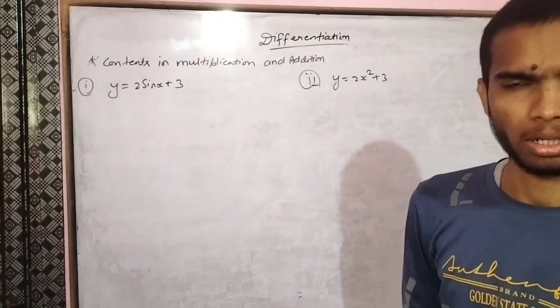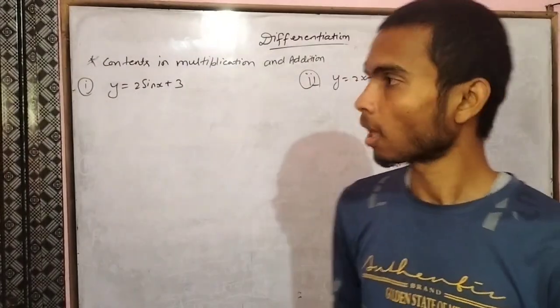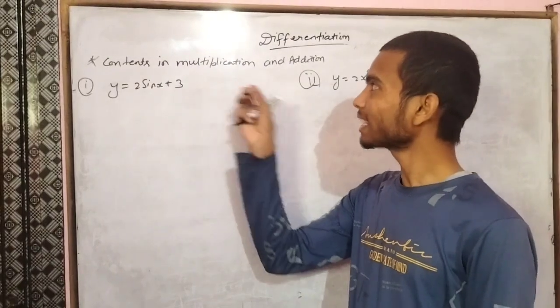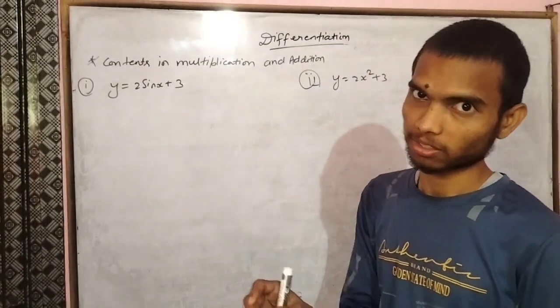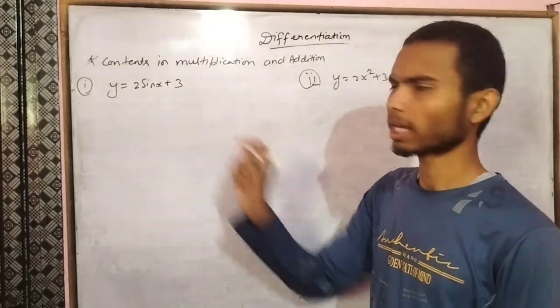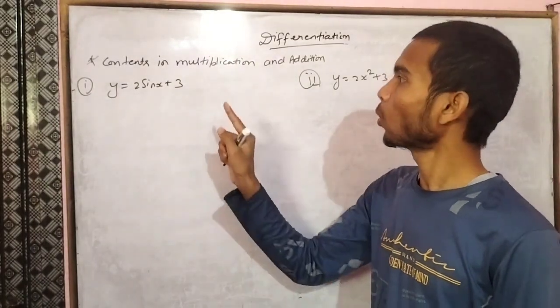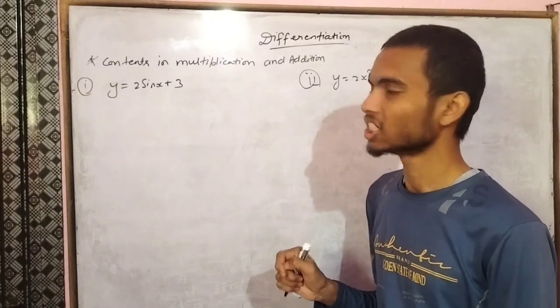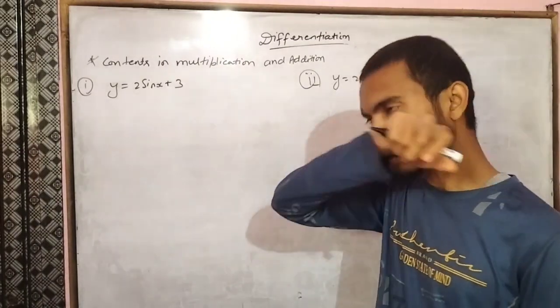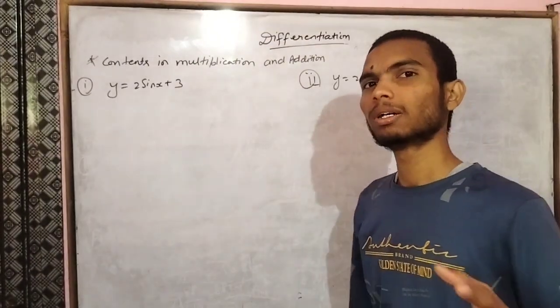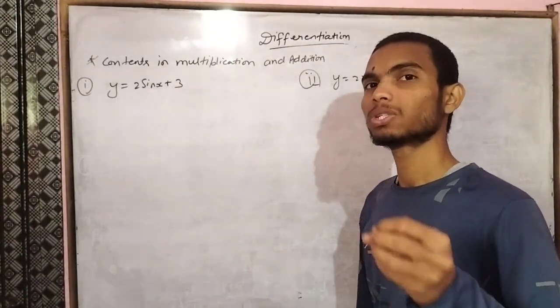If equations are in multiplication and addition, we have an equation which is y equals 2 sin x plus 3. Here 2 is with sin x.